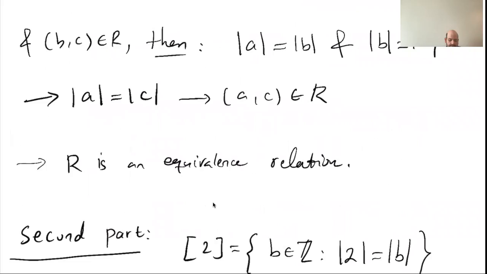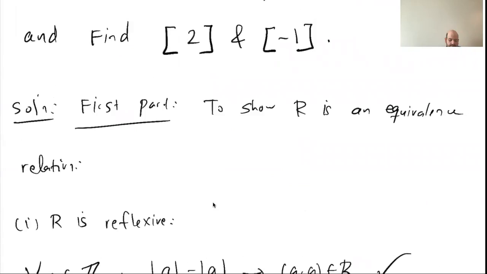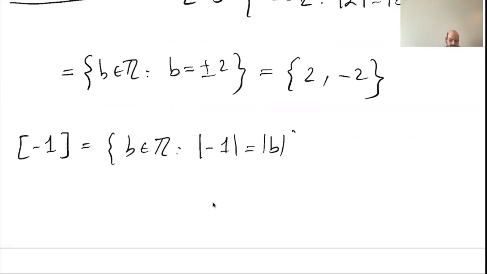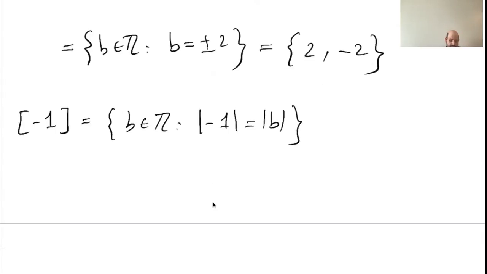Okay, so this was the second part. And also the equivalence class of -1 can be found similarly. Equivalence class of -1 is the set of all elements b in Z such that |-1| is equal to |b|. And this means all b in Z such that |b| is equal to 1.